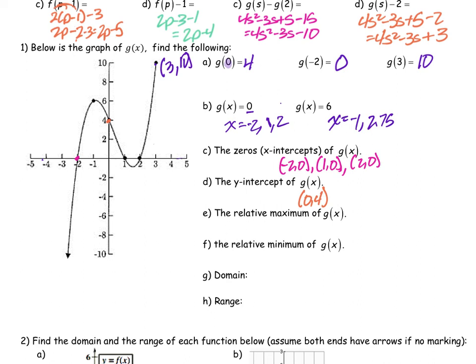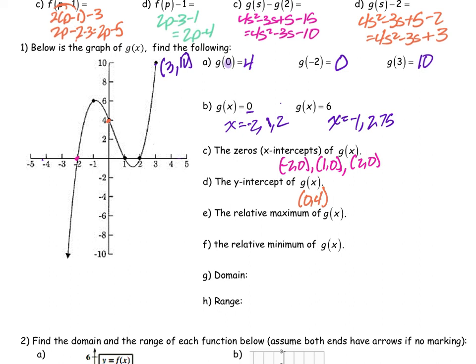Okay. So they should have defined this last year for you, and I hope that you guys remember, but if you don't, we're going to talk about it right now. A relative maximum and a relative minimum: relative means in that area it's the highest point, or in that area it's the lowest point.